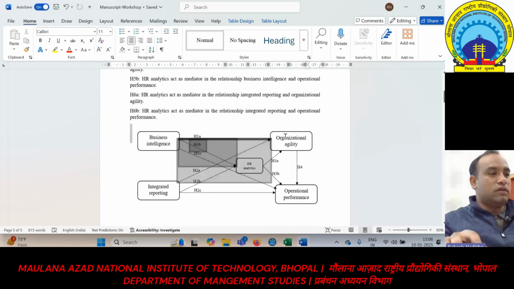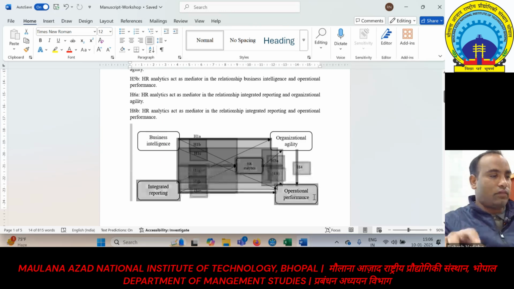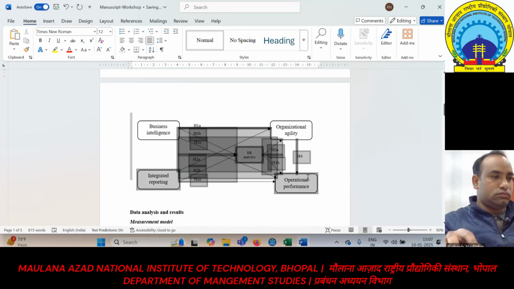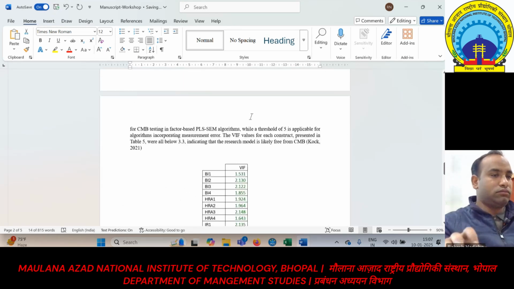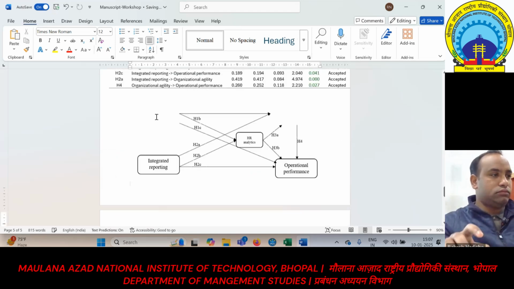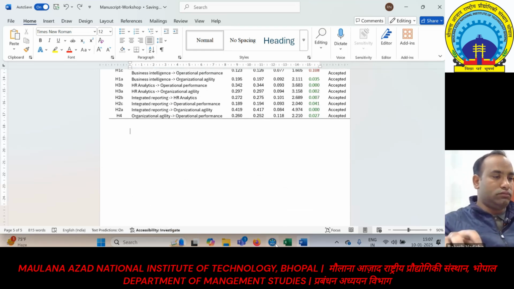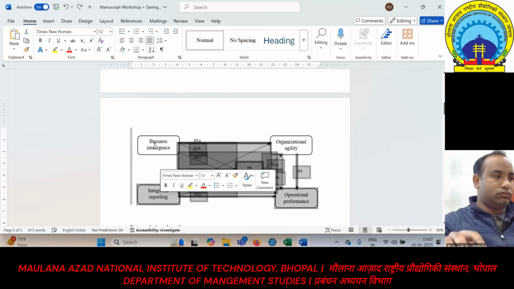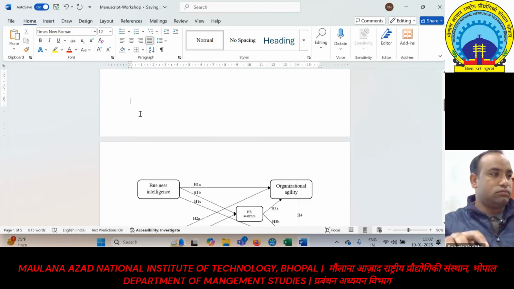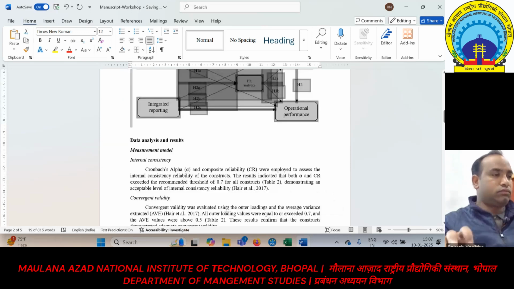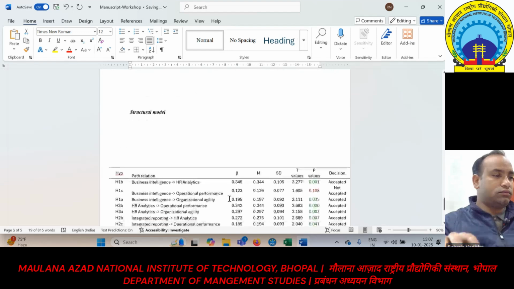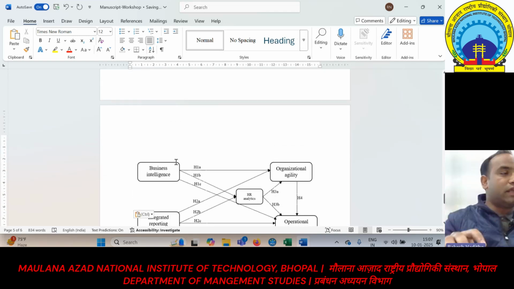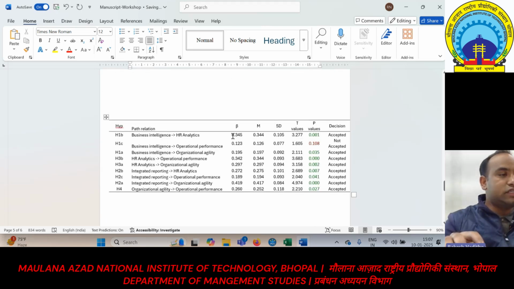Now come to this proposed model. Here for the H1A relation we have to mention the beta value 0.347.